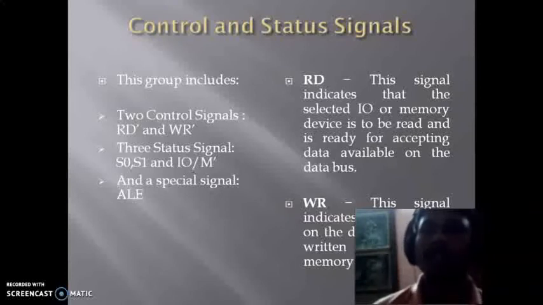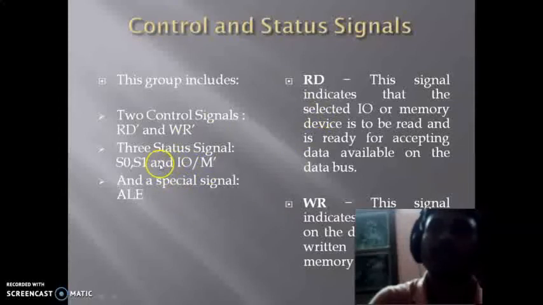And we have some status signals, S0, S1, IO/M bar. Basically these signals give us the status of the different operations of the microprocessor, which can be seen by using these three lines.